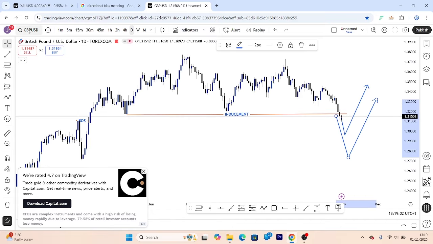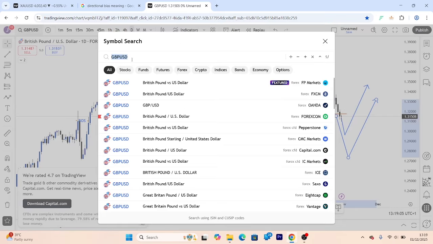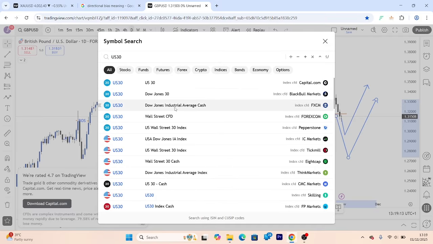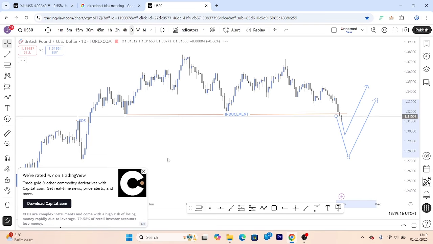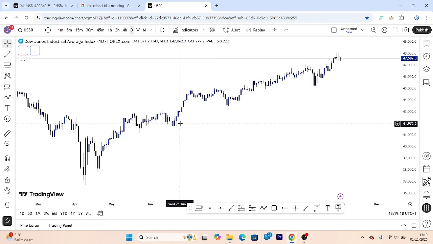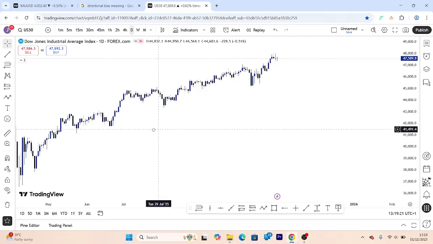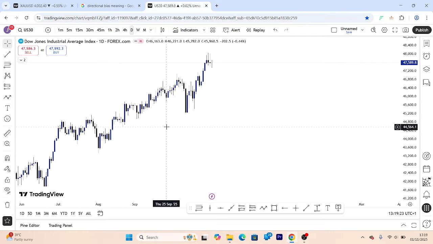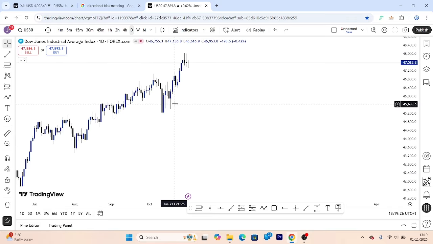So let's now go to which pair we've done. Let me use US 30. Okay, so this is the daily. Looking at this right now, which stage are we at? You can see there's a break of structure at this level, and this is the inducement.